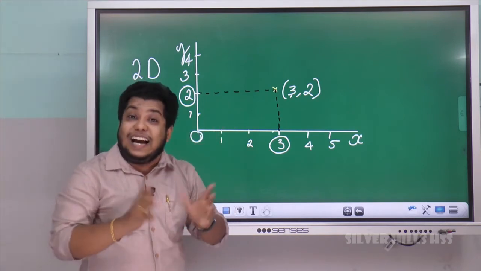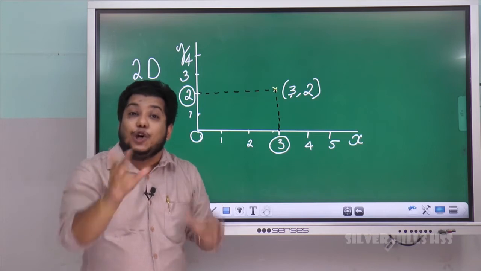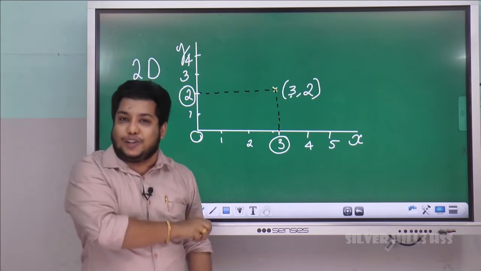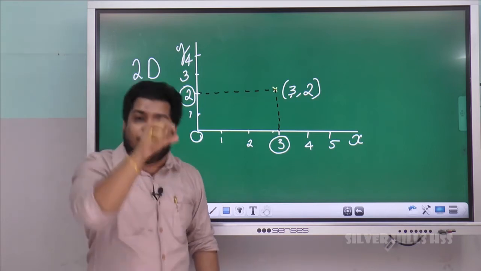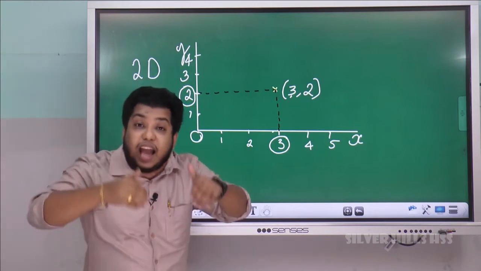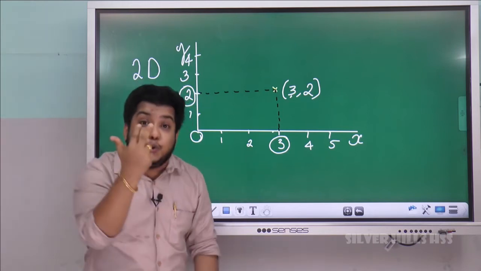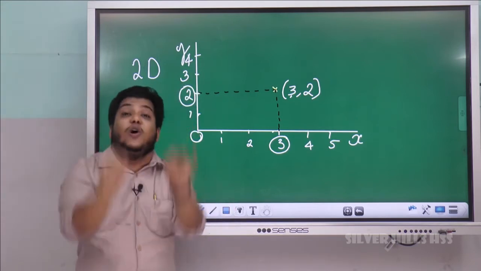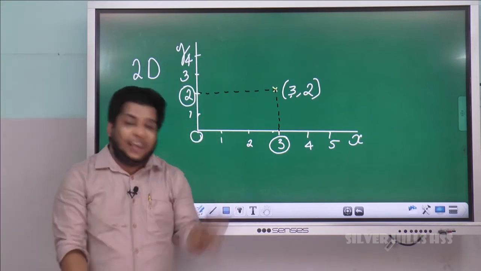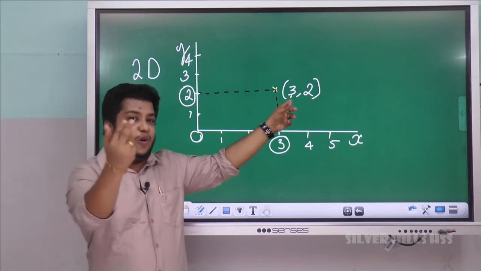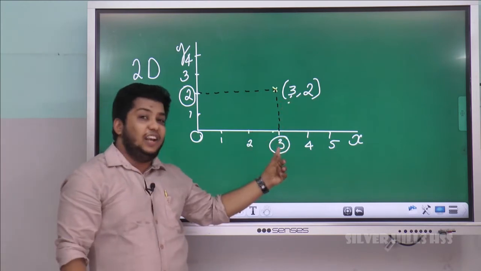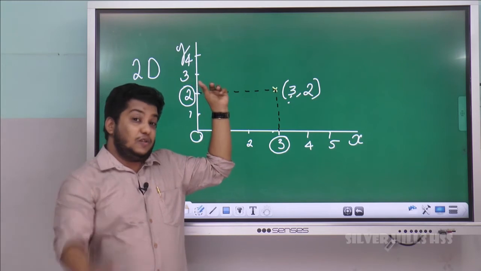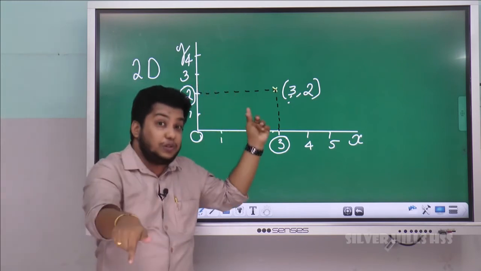So such kind of motion is called two-dimensional motion. In the case of two-dimensional motion, we have to use two different coordinates to specify the position of an object.